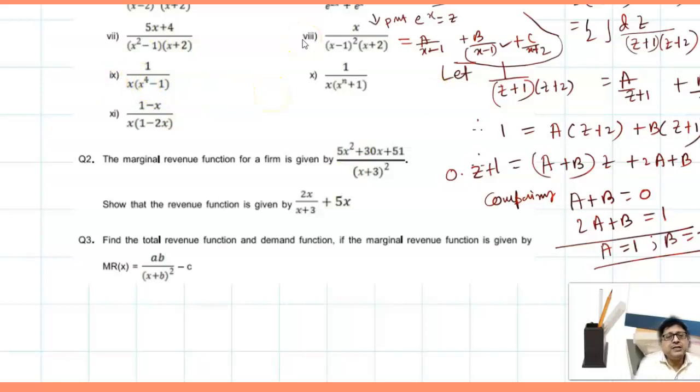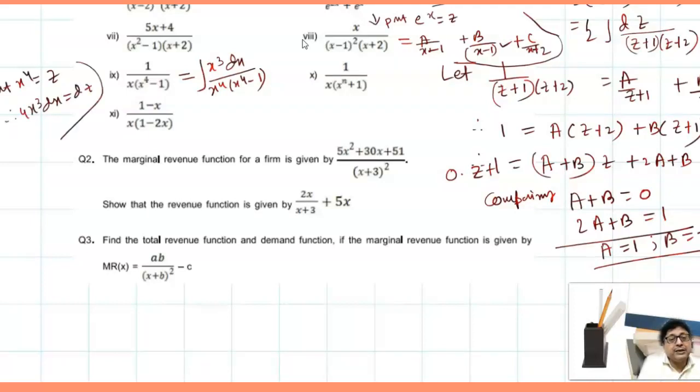To use partial fraction here, you need to do something there. You multiply numerator and denominator by x cube. This one is very, very special. Then it will be x4 into (x4 minus 1). Can you see something over there? What will be the next step? You put x4 equal to z. So 4x cube dx equal to dz.